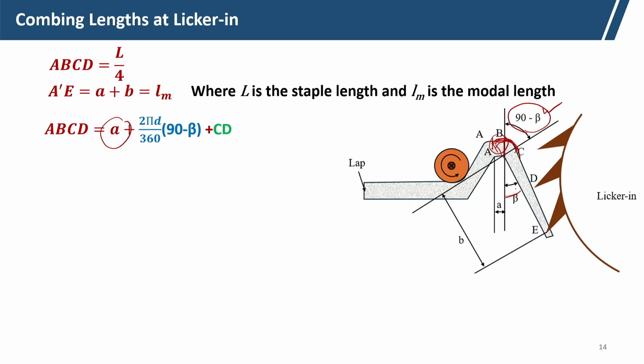And this curved length is r, that is 2 pi d, this distance, into theta.